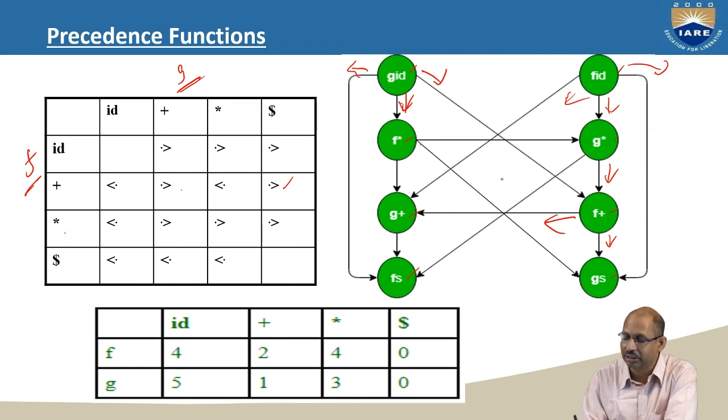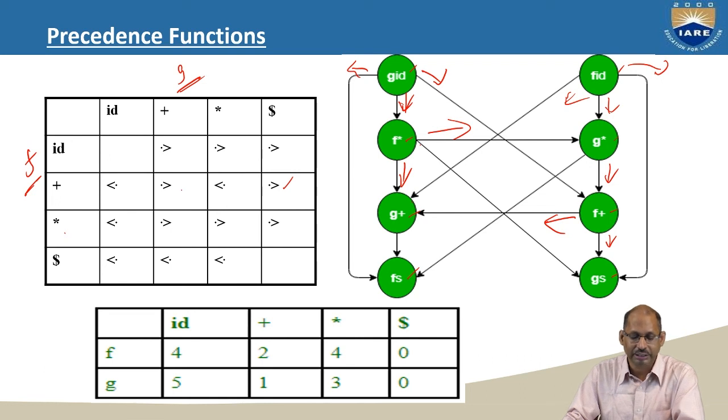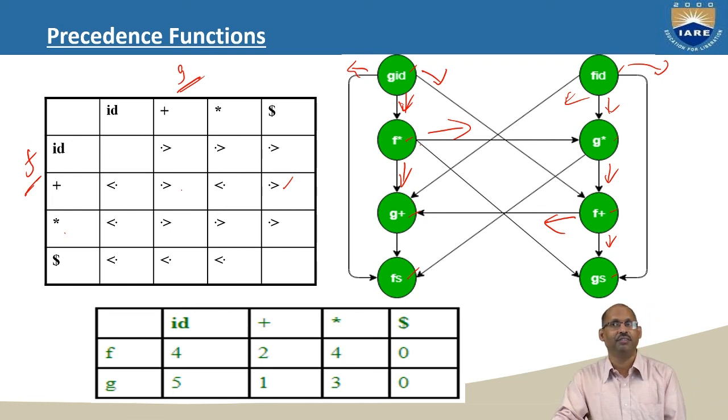F multiplication is greater than G multiplication. Higher precedence operator to lower precedence operator, we draw the arrow. Right? Then the dollar sign has the least precedence, so it will have all the arrows coming into the node.